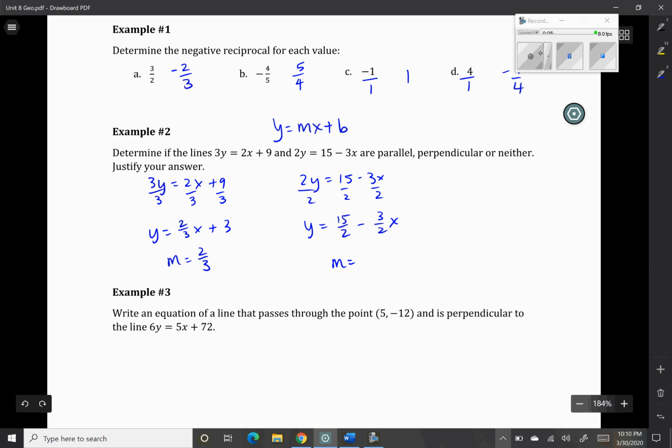The slope is always the number multiplied to x, so even though this is not exactly in the right form, I can tell that the slope here is -3/2. Because these are not the same value, I know it's not parallel, but notice they are negative reciprocals. So I can say perpendicular, the upside-down uppercase T is the symbol for perpendicular, because the slopes are negative reciprocals.